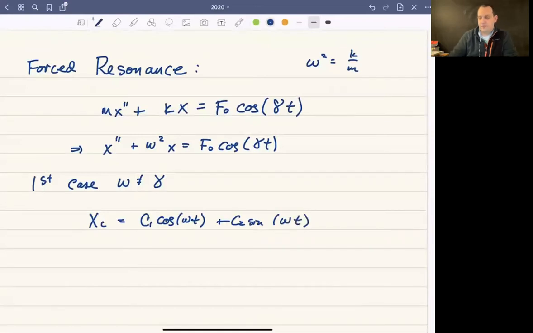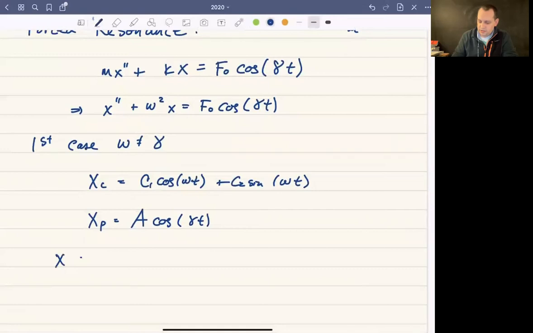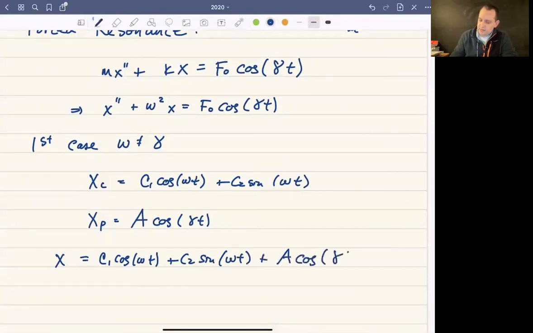If gamma is different than omega, then you're not going to have any repeated solutions. You don't have to do anything fancy. Your particular solution is just going to be something like a times cosine of gamma t. And then your general solution is the complementary plus the particular solution: C1 cosine of omega t plus C2 sine of omega t plus a times cosine of gamma t.